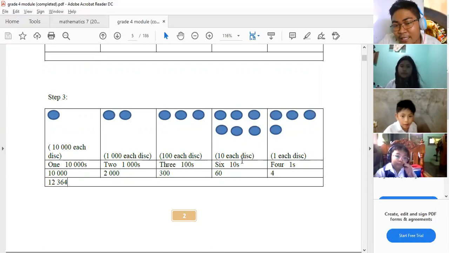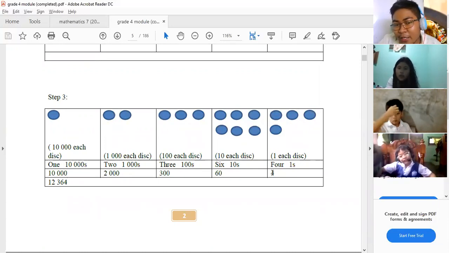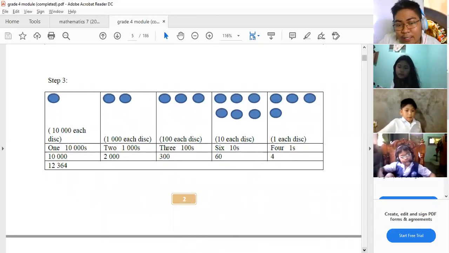We have 6 disks for tens, that is 60, and 4 ones, that is 4. Therefore, if you sum it up, we have 12,364.